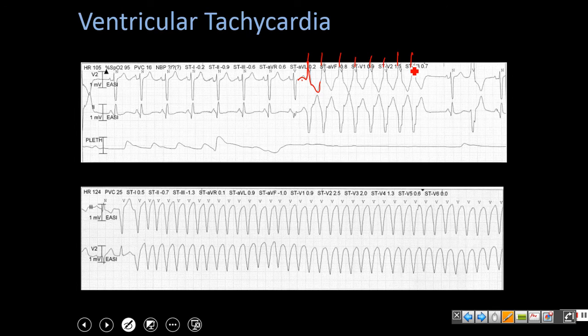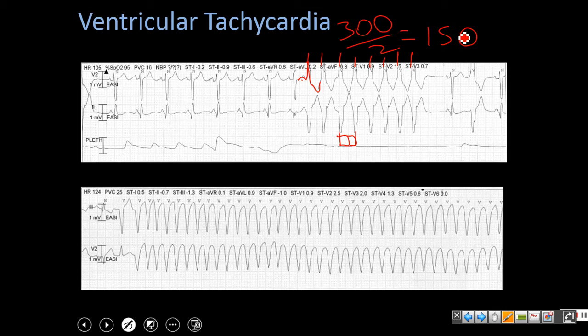It looks like about 2 large boxes between R to Rs. So if we take 300 by 2, we get 150. So 8 beats of VTAC at 150 beats per minute.